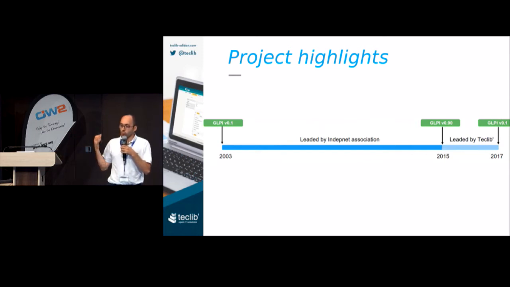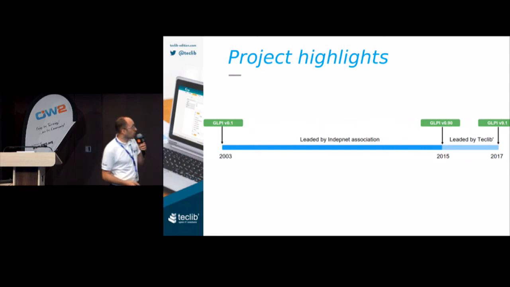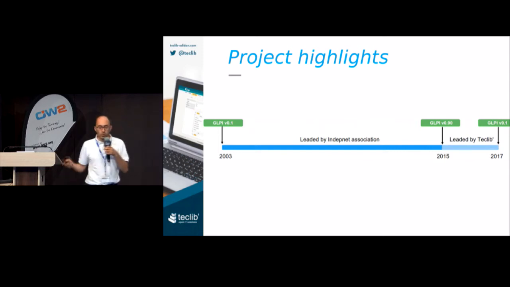We are also going to add more and more people to work on the project, so we can change what needs to be changed. And in 2017, we are at version 9.1, and we are about to release 9.2 in September.